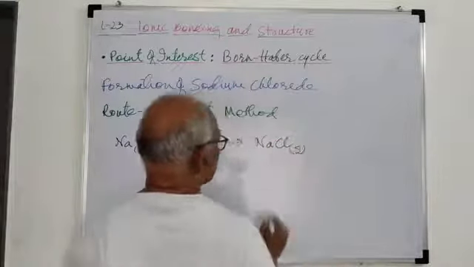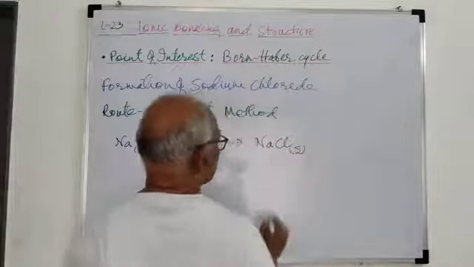So this solid NaCl shows the change in energy, that is the enthalpy change of the process, as H. This change in enthalpy of the process is called H, and it has a negative sign because the overall process shows evolution of energy or loss of energy.